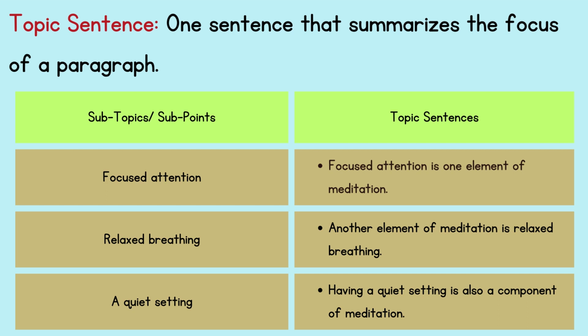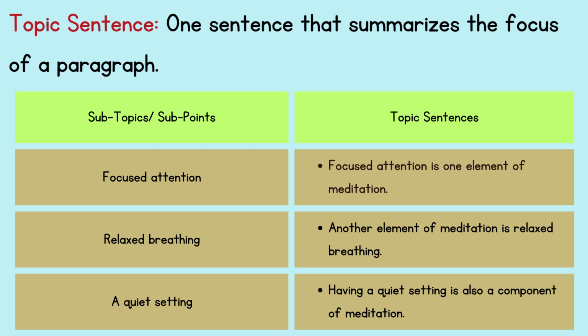So for focused attention, I have focused attention is one element of meditation. For relaxed breathing, I have another element of meditation is relaxed breathing. And then I have a quiet setting is also a component of meditation. And in all 3 of them, you will see that I have the topic in there, which is meditation, right?